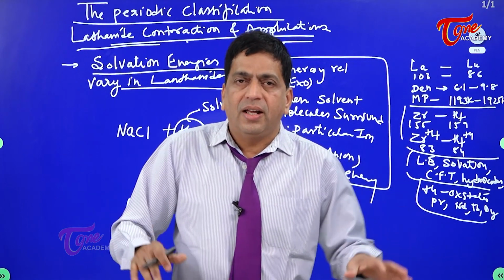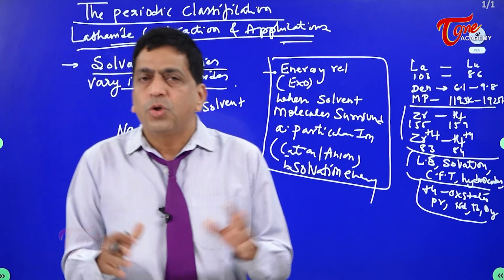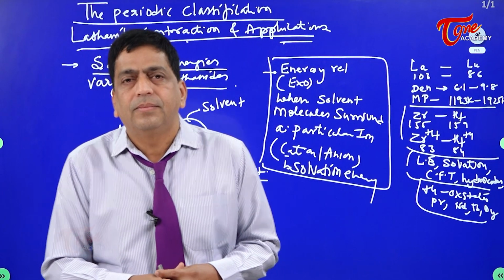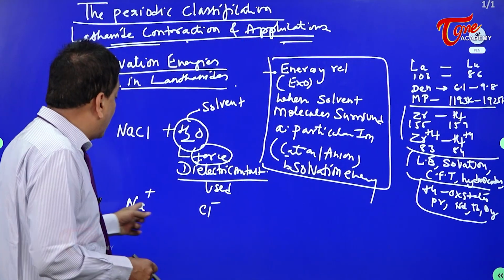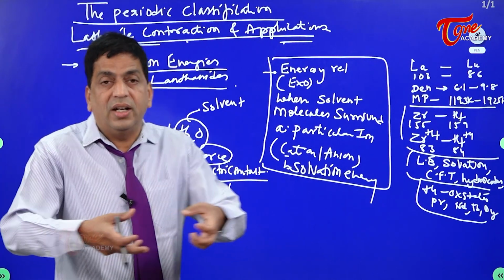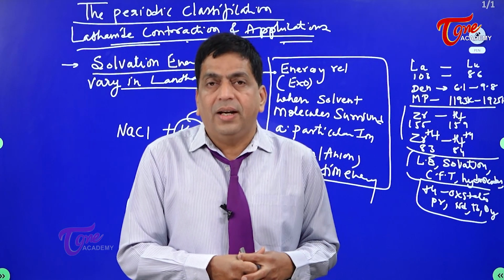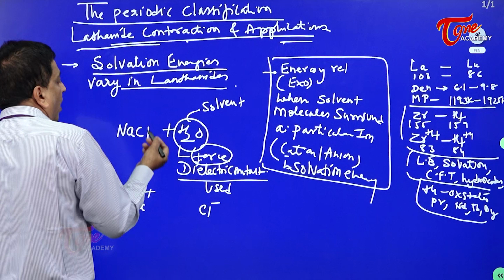After separating, since they are great lovers, they will look at each other again and recombine. Use common sense. You just can't separate two lovers and leave it off. They will try to recombine because they are charged species. You have a positive charge, you have a negative charge. Water is polar. Polar means it has charges.